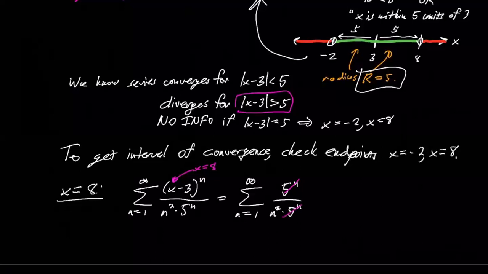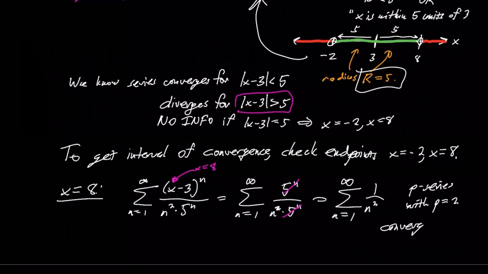And now we actually get the p series 1 over n squared. This is a p series with p equals 2. And we've shown a bunch of times that this converges. Okay, so that endpoint converges.